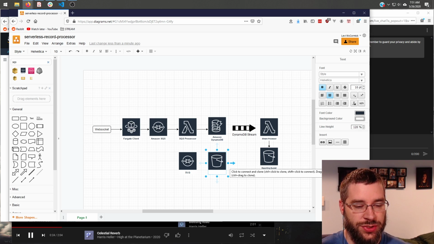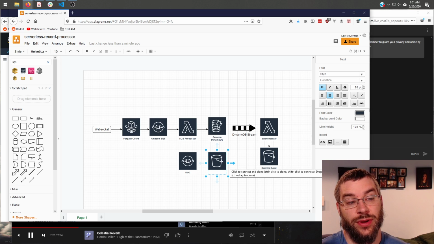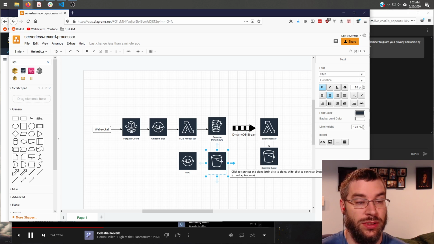Or if we want to push them into a CloudWatch log group and then use the parsing and search options in CloudWatch Insights to dig up why these things are failing.